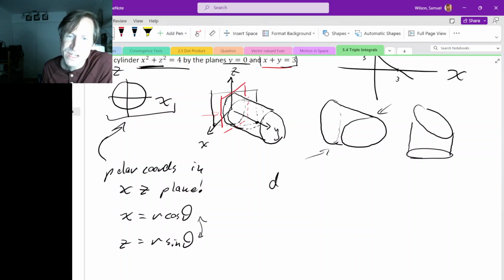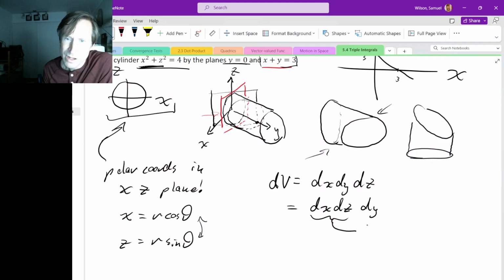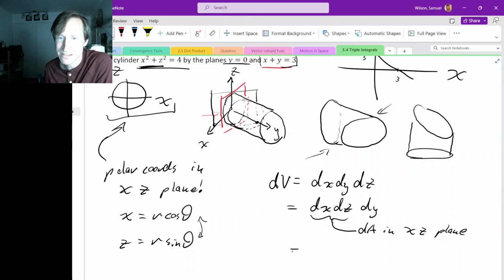So first of all, we need to deal with our differential. So dV, which is dx dy dz. But if we put the dx and the dz together, that's just dA in the xz plane. That's an infinitely small patch of area in the xz plane.